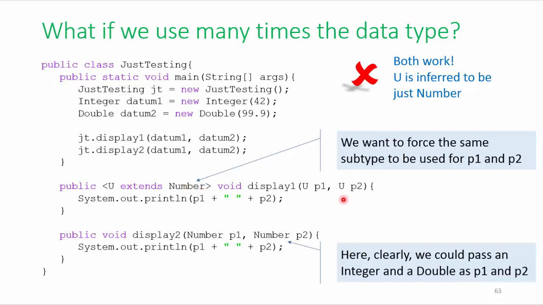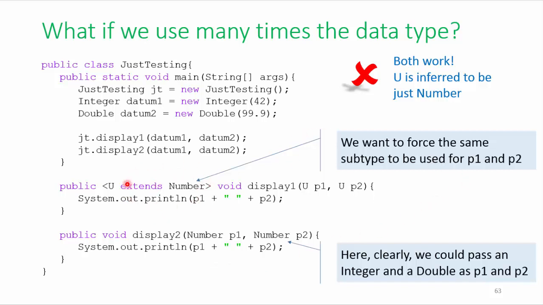So if P1 is an Integer and P2 is actually a Double, I can make this work simply by inferring that U is Number. In this case, I go back to the same situation that I had before with my display2 version of the method. Okay, so be careful about that.